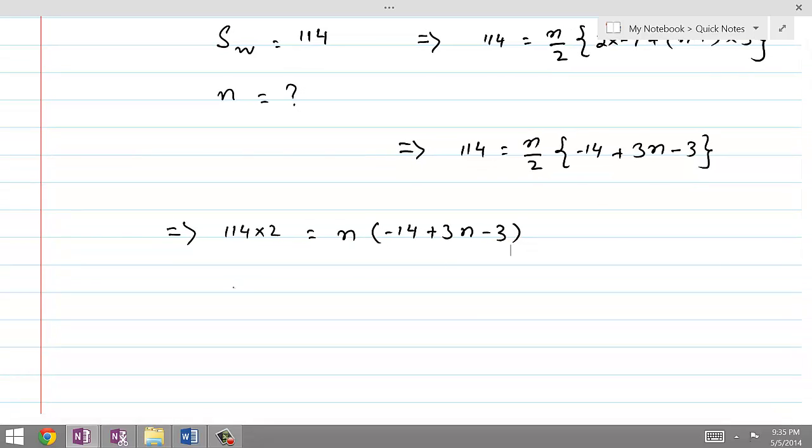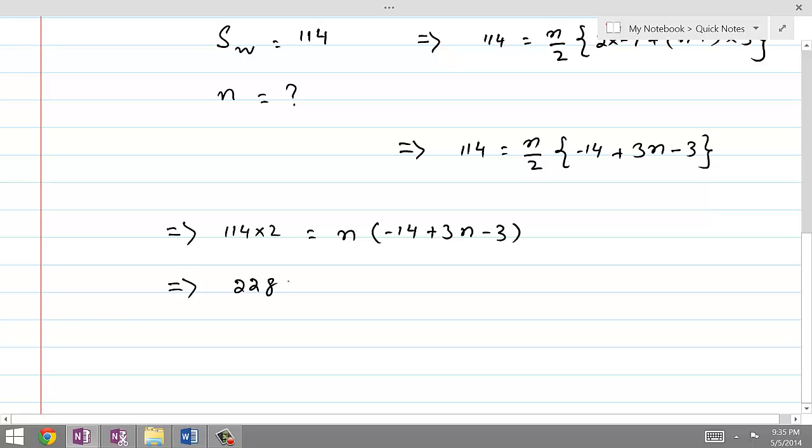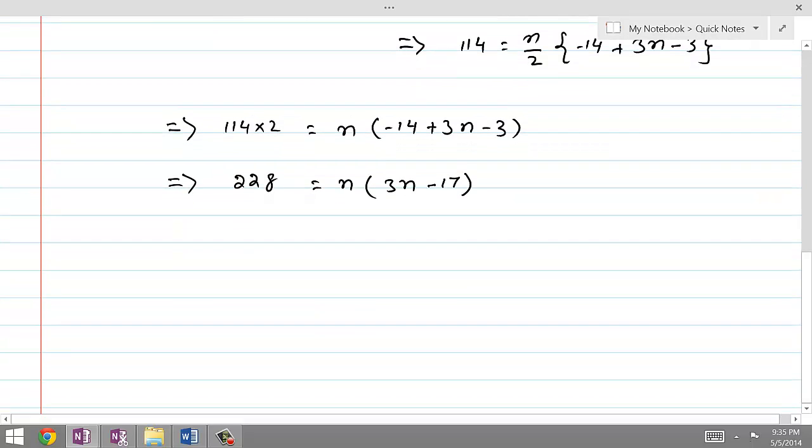So here we get 228 is equal to n times (3n minus 17). And if we multiply n inside, this will be 228 equal to 3n squared minus 17n.